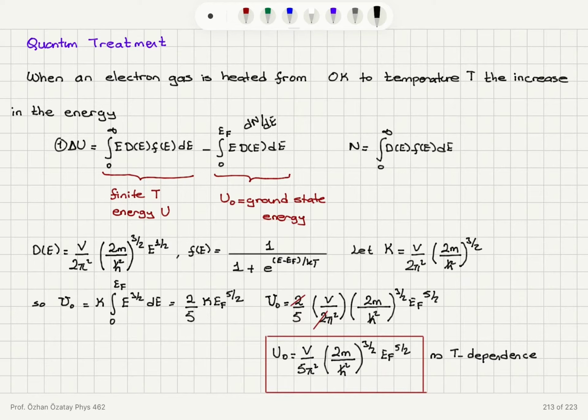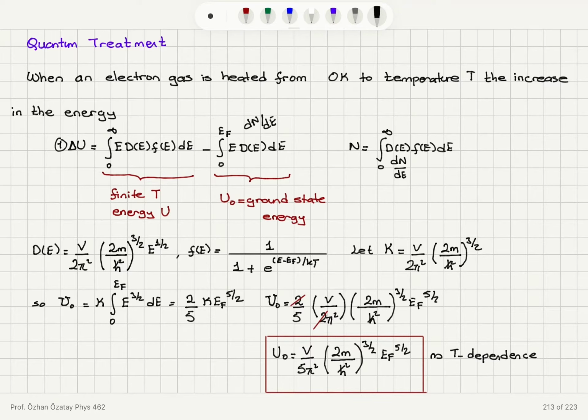The total number of electrons will be the density of states, dN/dE, multiplied by the Fermi-Dirac distribution function, the probability of occupancy of an energy E, and dE. When we integrate this from 0 to infinity, this will give us the total number of electrons.